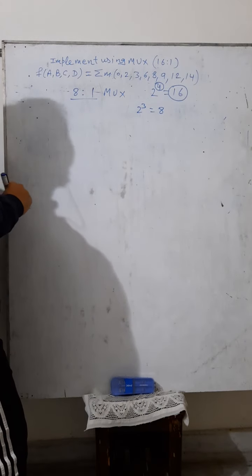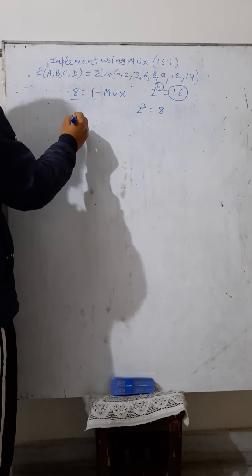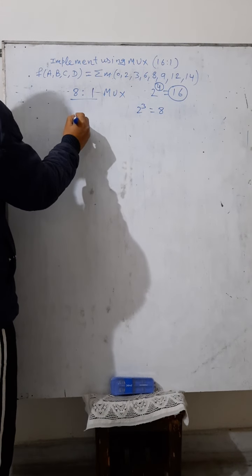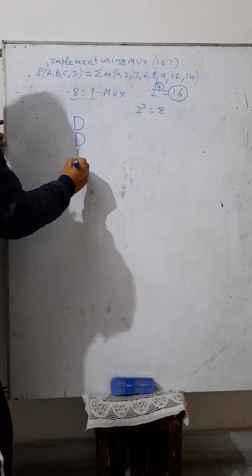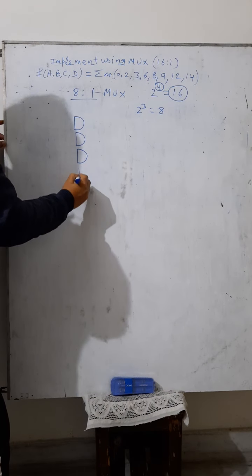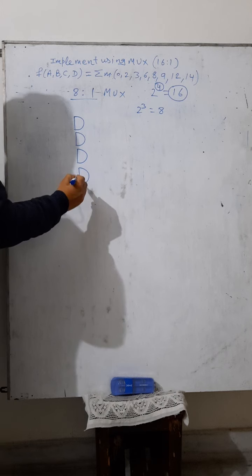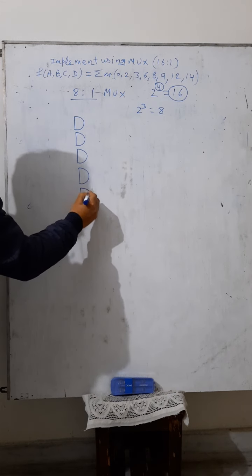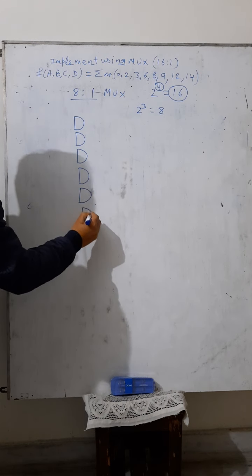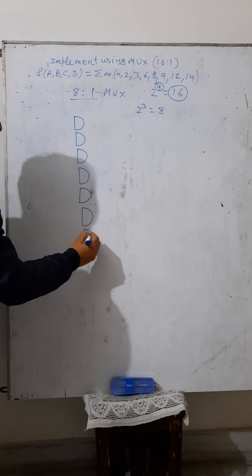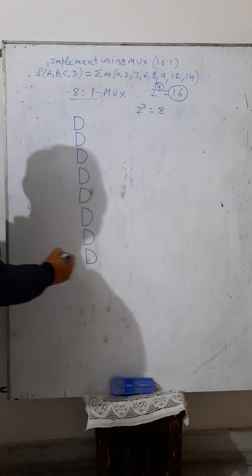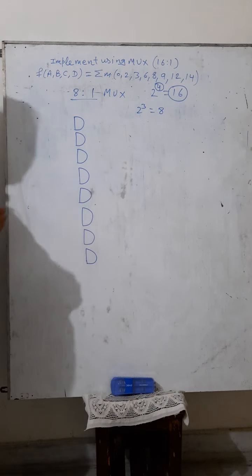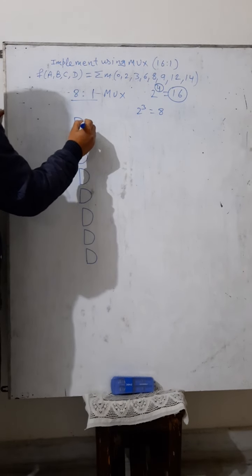So how many NAND gates will there be? NAND gates 1, 2, 3, 4, 5, 6, 7, 8.